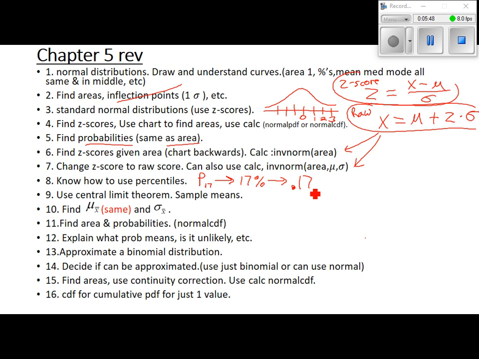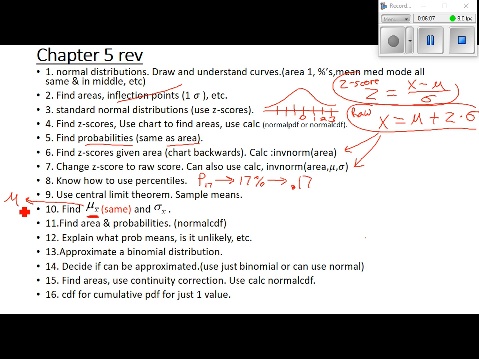Central limit theorem, using the sample means. Remember, the sample mean is this right here, mu with the subscript x bar. Remember that this is going to be the same as the mean of the population.